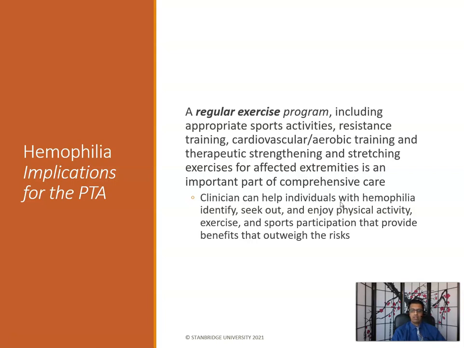A clinician can help individuals with hemophilia identify, seek out, and enjoy physical activity, exercise, and sports participation that provide benefits that outweigh the risk. The other thing with someone with hemophilia is when you're doing passive range of motion, make sure that you're not gripping them real tight because you can cause internal bleeding, and make sure you use the gait belt, because if they fall, then we have other secondary complications as well.